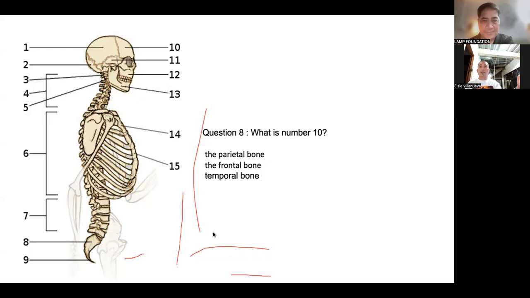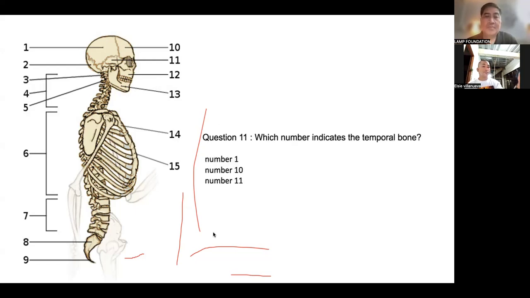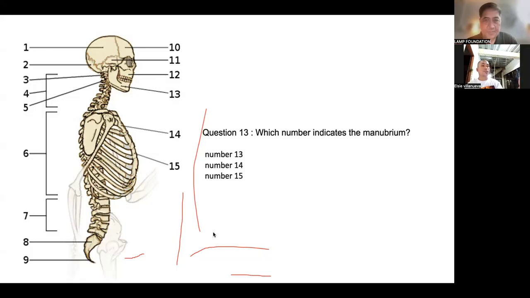The atlas. 10. The frontal bone. 5. The axis. Thoracic vertebrae. It's number 6, temporal bone. Number 11. 7, lumbar vertebrae.